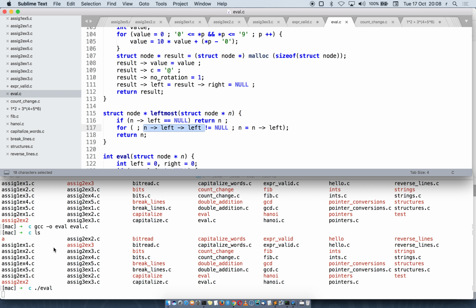We're saying this is the right, and then give me the leftmost of the right. But this assumes there are at least two levels. If there's only one level, no, so there are two levels. So there's a left, in which case I would be returning n anyway.